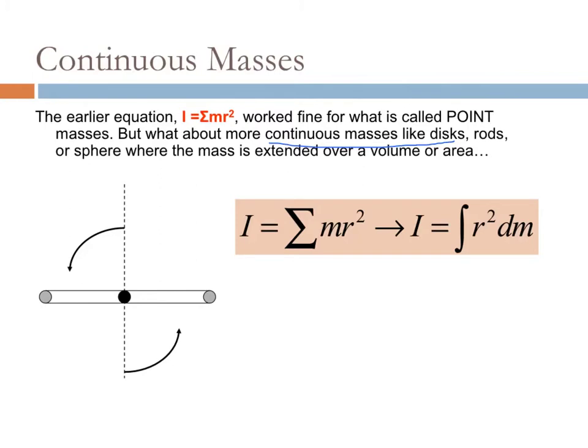So again, when we are dealing with continuous masses, our mass is being spread over some distance. So again, the way you want to think about an integral is that you're getting a point mass and you are multiplying by the distance it is away from its axis of rotation. But you're doing this for infinitely many tiny point masses.